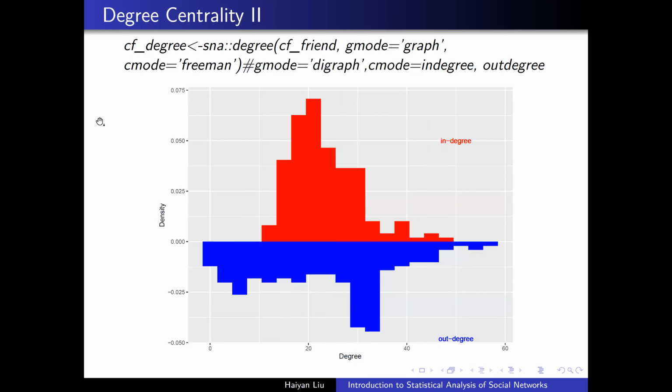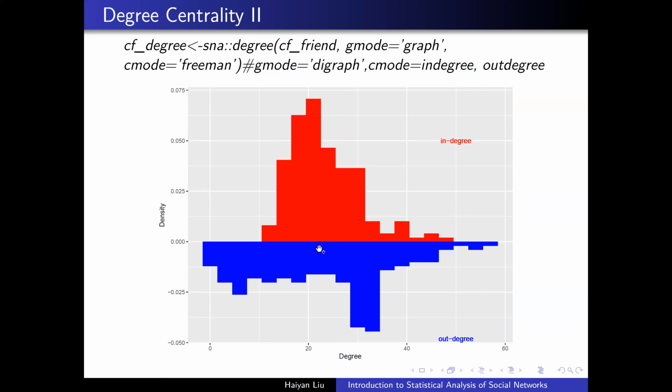Now, we could obtain the degree centrality using the function degree from the sna package, and then we just put the adjacency matrix in it. We can obtain both in-degree and out-degree. The top is the histogram of the in-degree, and the bottom is the histogram of the out-degree of the college friendship network.